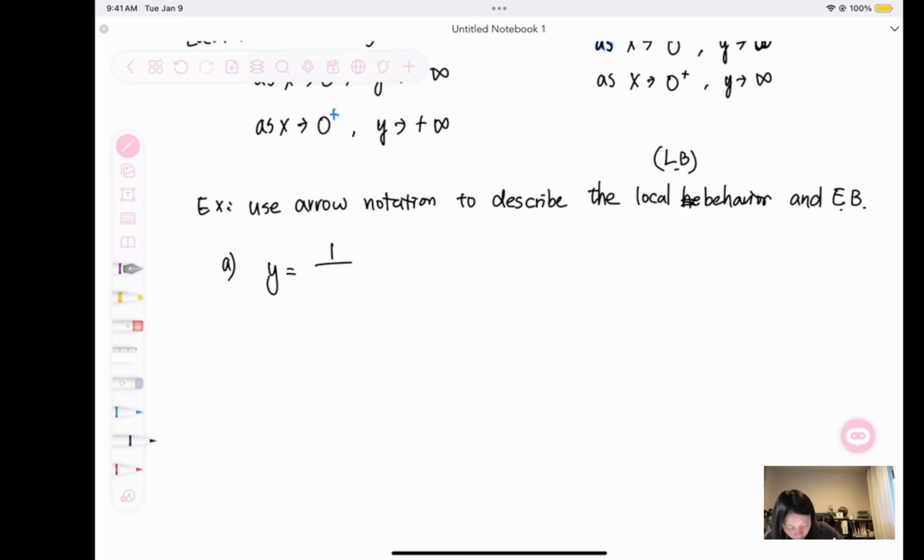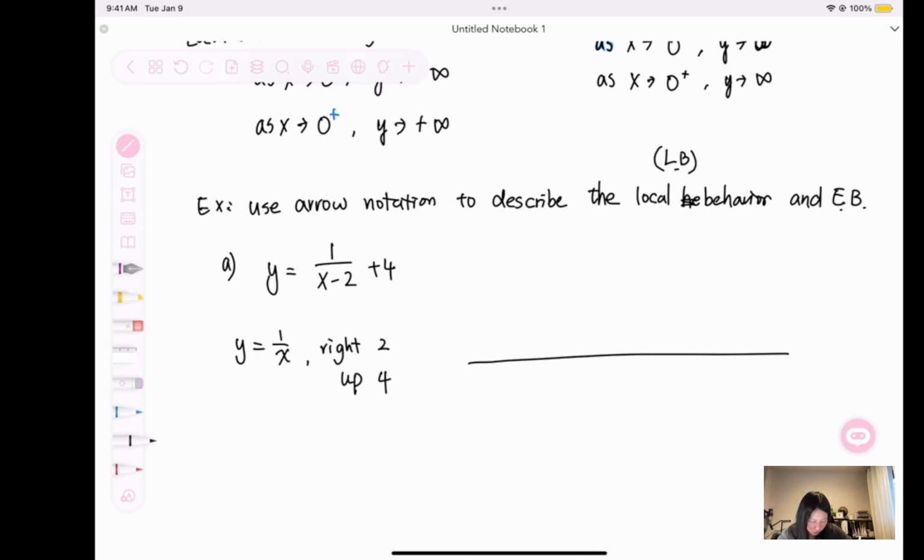y equals 1 over x minus 2, plus 4. How do we draw this? Well, we can use function transformation. This comes from the basic function y equals 1 over x, the reciprocal function. Minus 2 means move to the right 2 units, and plus 4 gives us up 4. Combining together, the function looks like this.